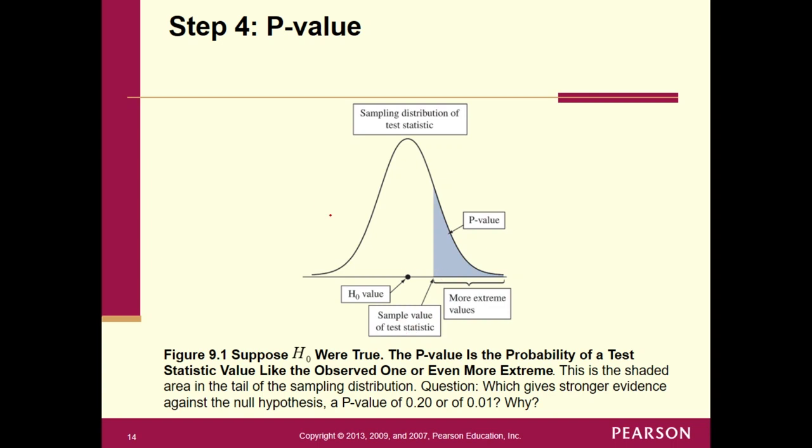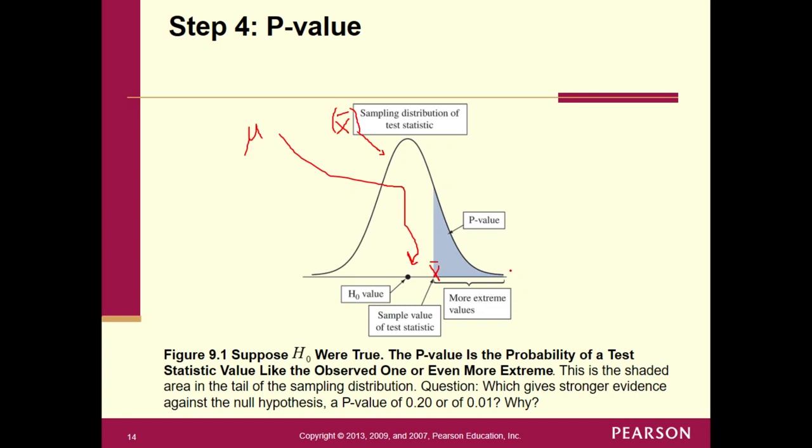Let's say that we are testing mu. This is the sampling distribution of x bar, so here are all the different x bars that we could get. Whatever value was in the null hypothesis, we would place right here. Let's say our x bar from our sample turned up to be right there.